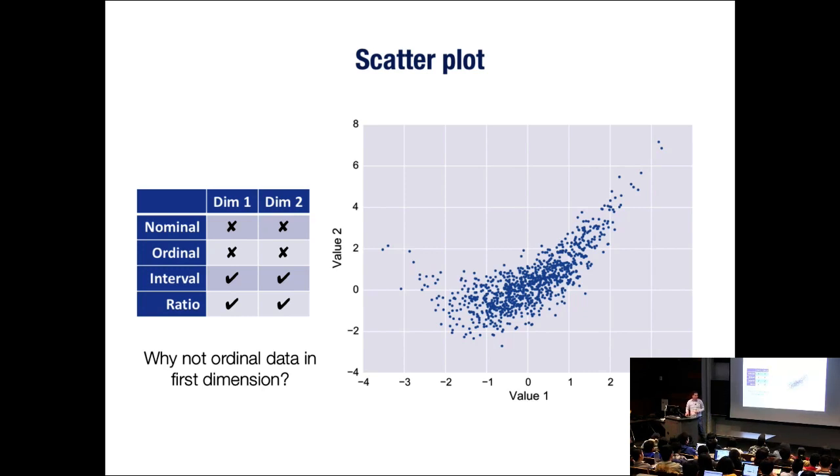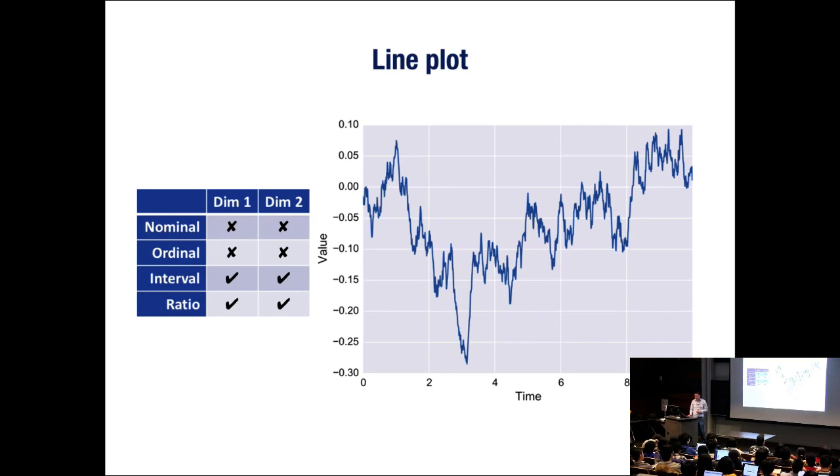Another type of plot which can make sense here, and actually I should probably allow this one to be ordinal a little bit, maybe it has the same issue potentially, but maybe that one makes more sense, are line plots, right? These make sense if your collection of data points comes in some ordered fashion.